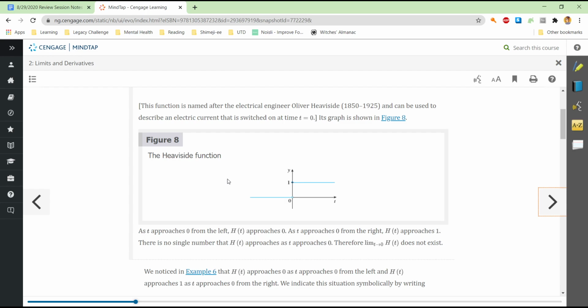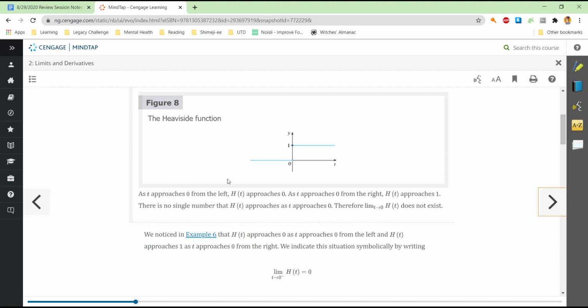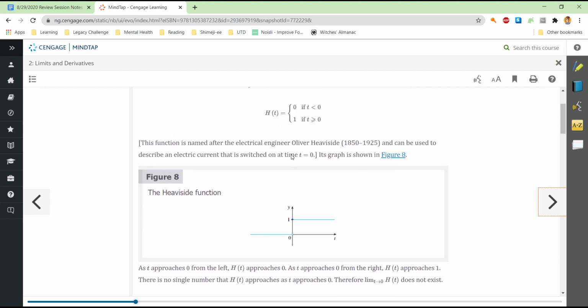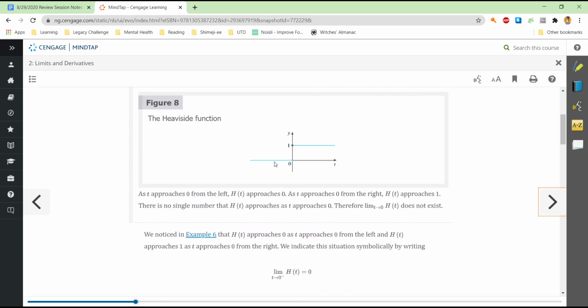That is shown here with the graph of the Heaviside function. So you can see here, on the left side, as we get closer and closer to 0, right? So as x is getting closer to the 0 value, on the left side, the line looks like it goes to 0 and stops.